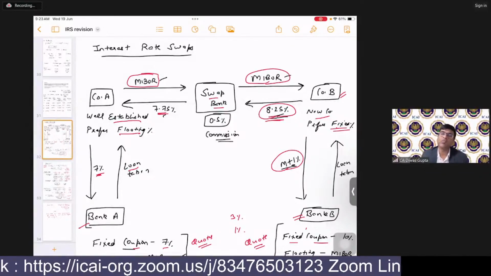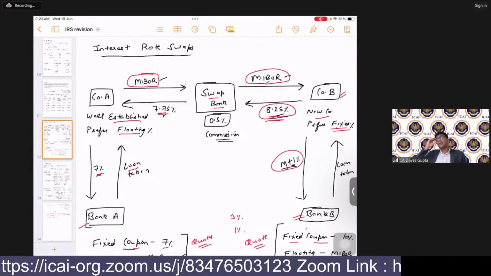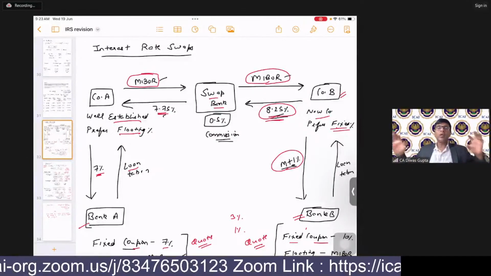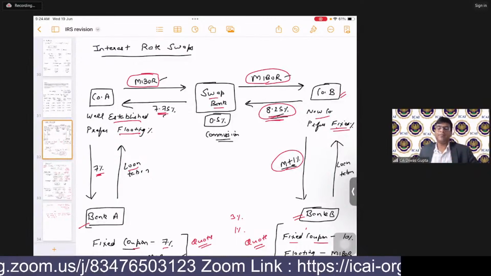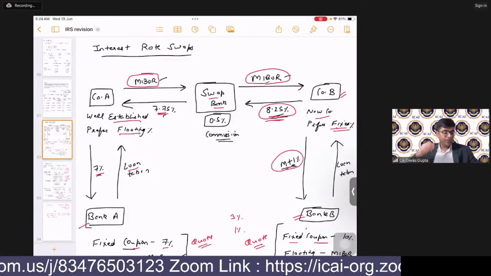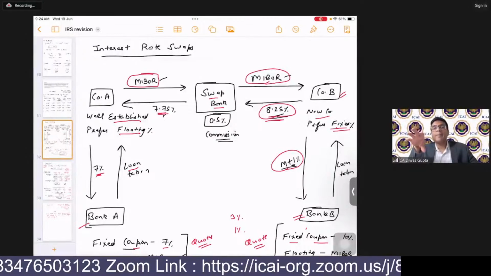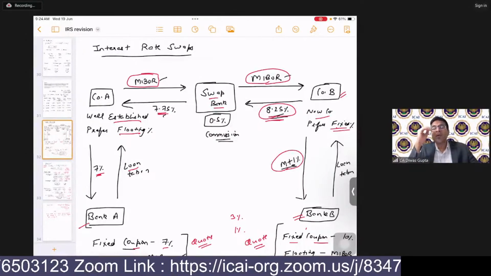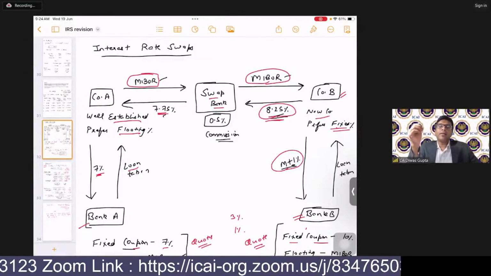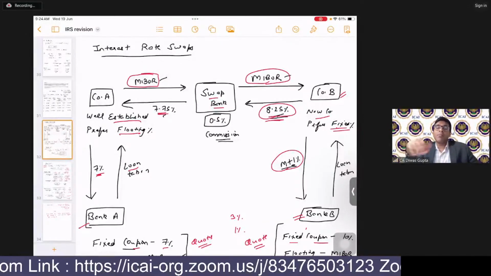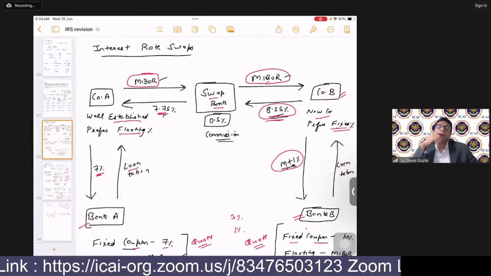The swap bank can do that. And in the back end, it's not necessary that only two companies, company A or company B, are involved. There might be n number of companies involved, right? So the swap bank has a lot of calculations running in their database that will say what is the right amount to be given. That is point number 1.